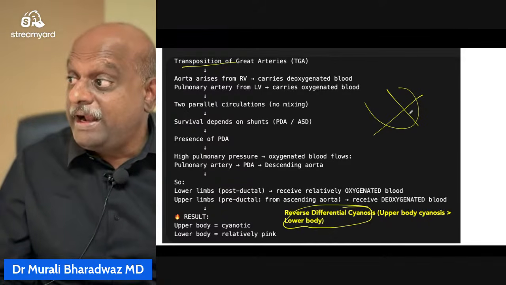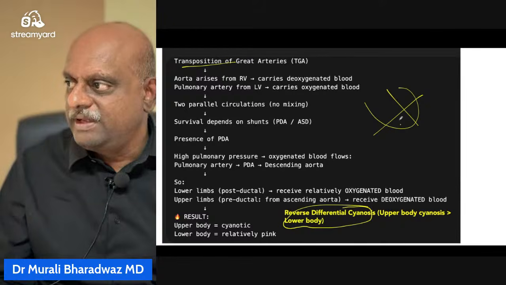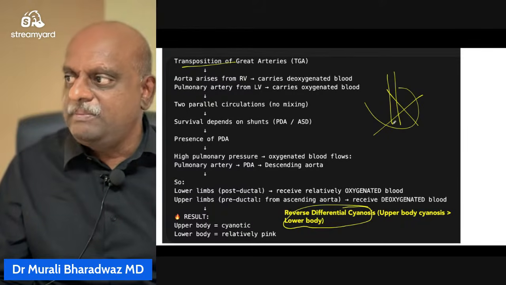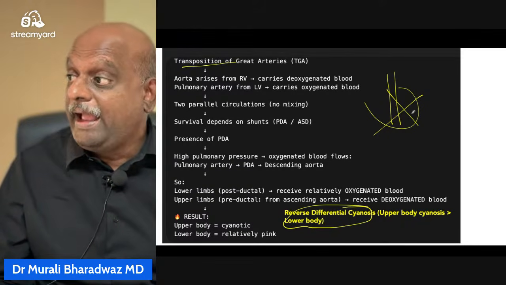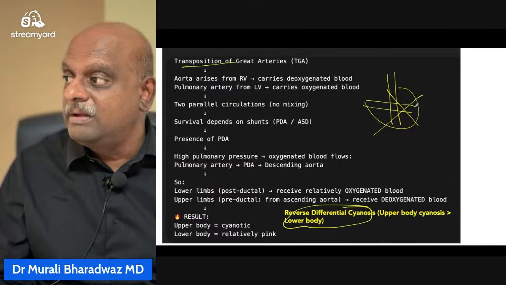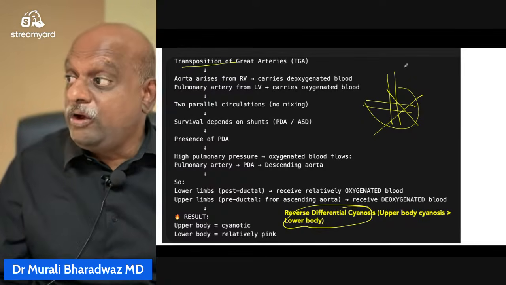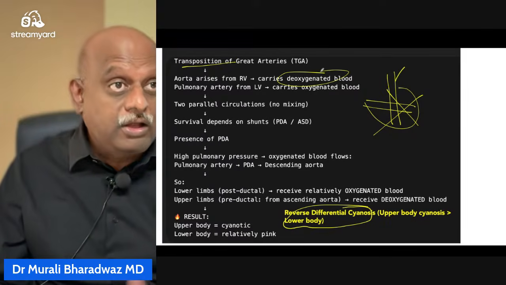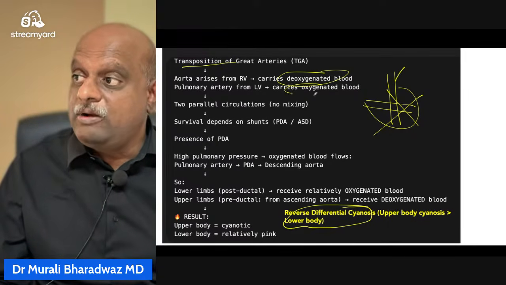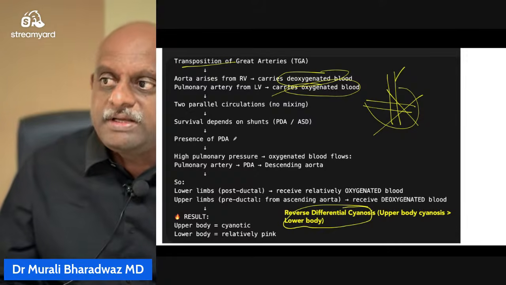Aorta arises from the right ventricle instead of the left ventricle, and the pulmonary artery arises from the left ventricle. That's the reason the aorta will be carrying deoxygenated blood and the pulmonary artery will be carrying oxygenated blood.